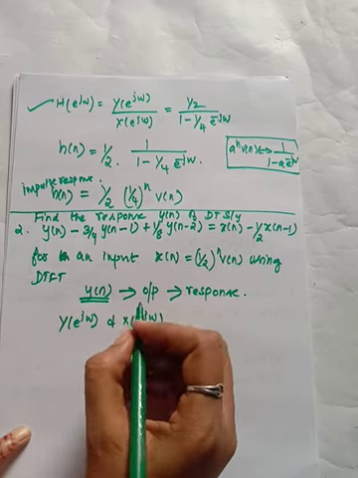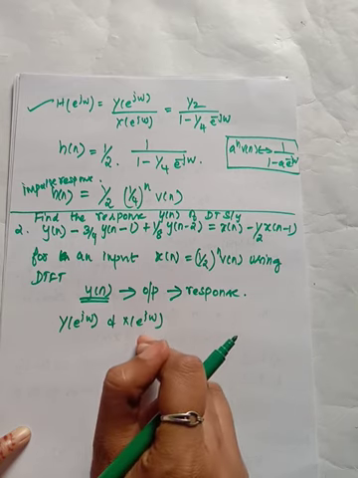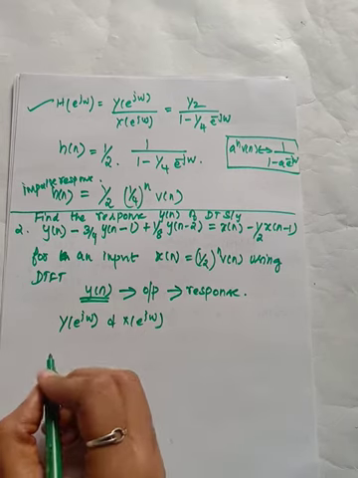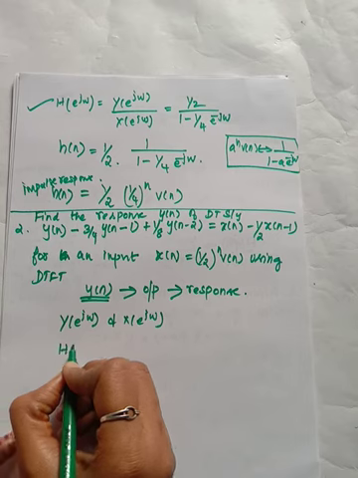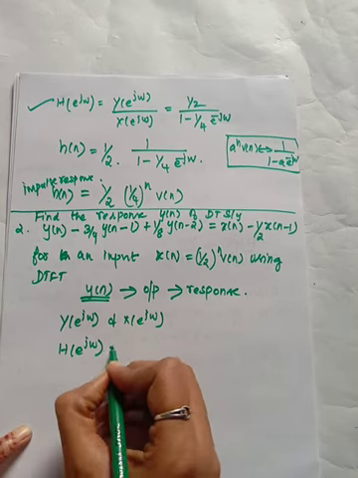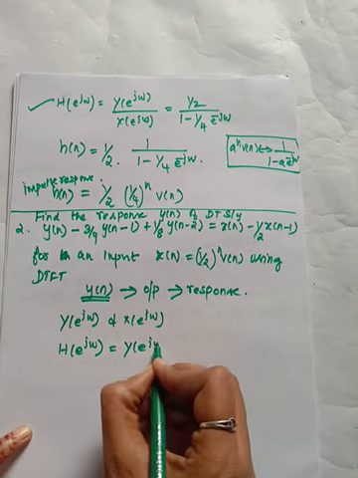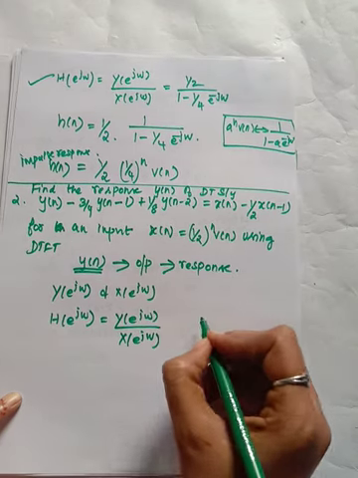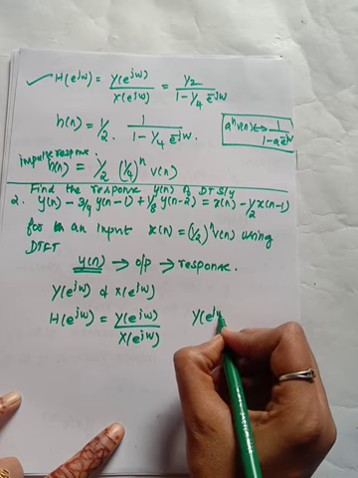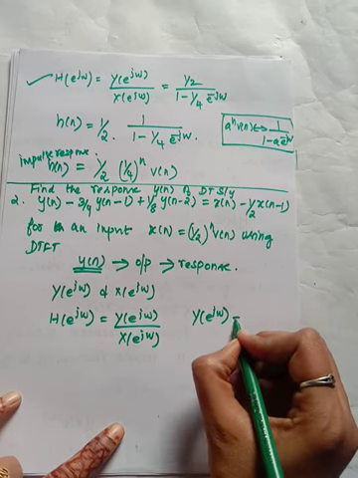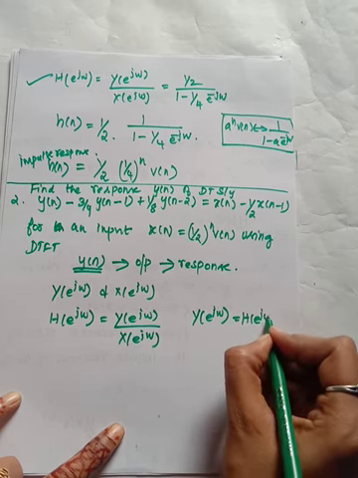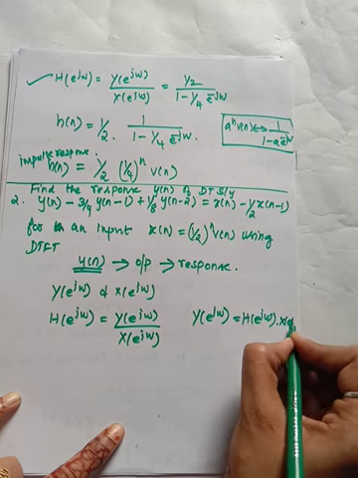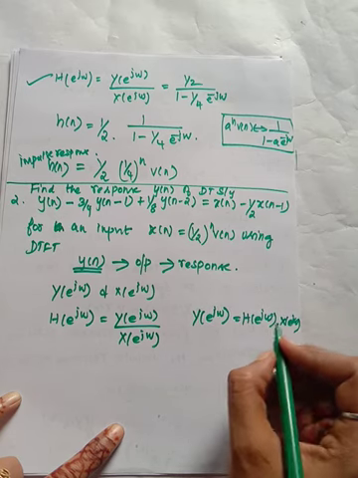Then you can apply the input x of n and find y of e power j omega. The relation you know is h of e power j omega equal to y of e power j omega divided by x of e power j omega. So what you need to find is y of e power j omega, which is equal to h of e power j omega into x of e power j omega. So this is what you need to find.